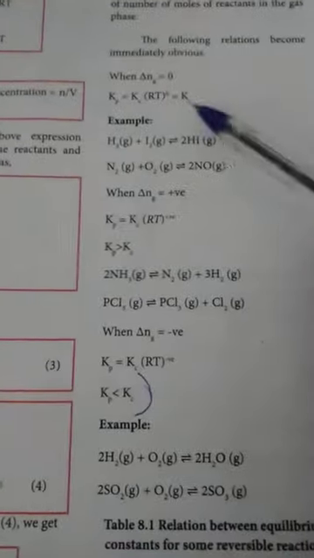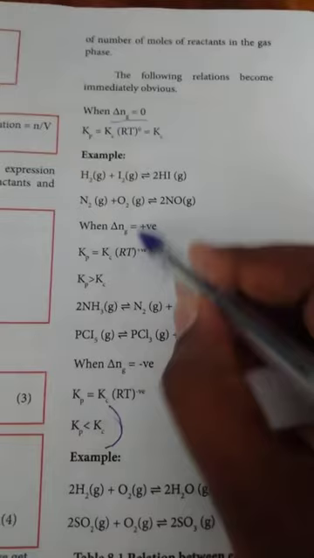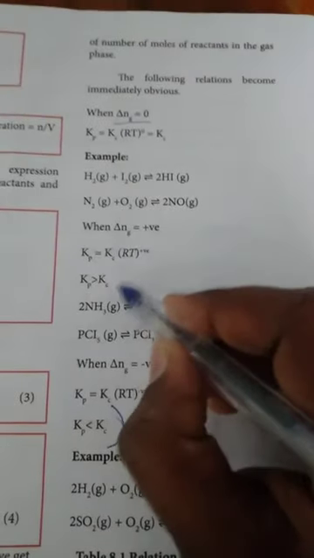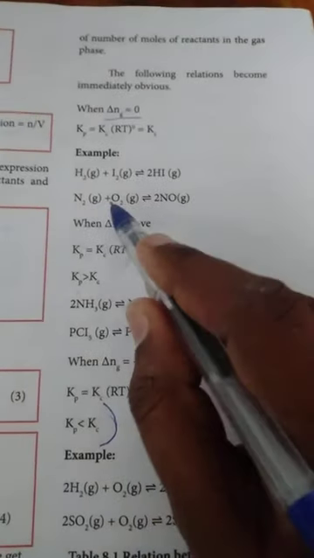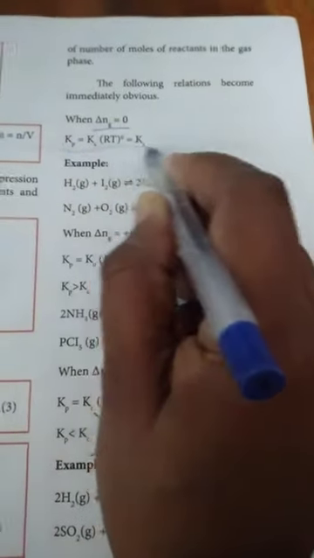Then the 3 cases. These 3 cases are also important. First case, delta Ng value 0 means you get Kp is equal to Kc.